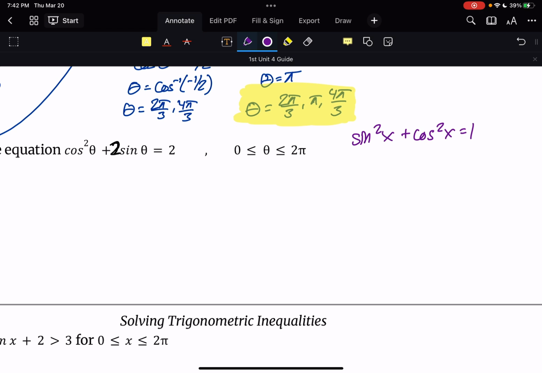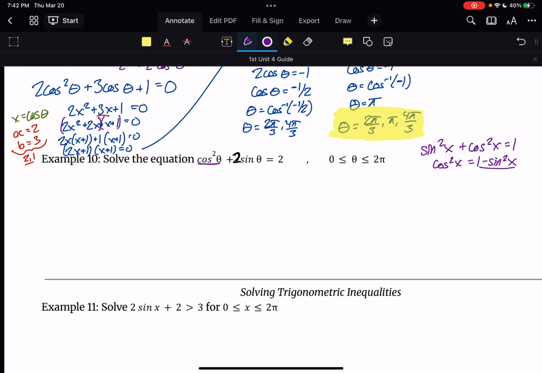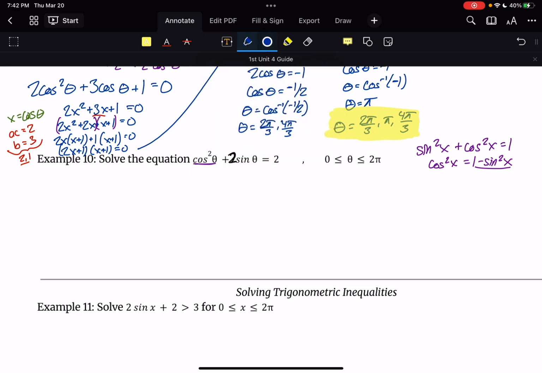Now, since I have cosine squared, I want to get that alone, so I'm going to subtract sine squared over. So I know cosine squared x is equal to 1 minus sine squared x. So I can go ahead and substitute 1 minus sine squared in for that cosine squared.